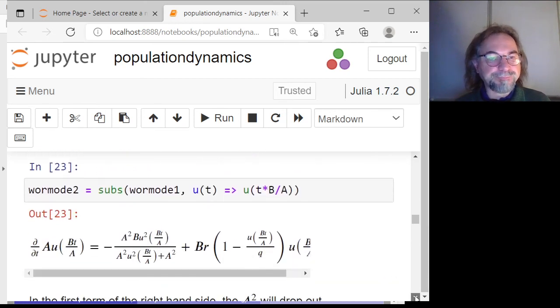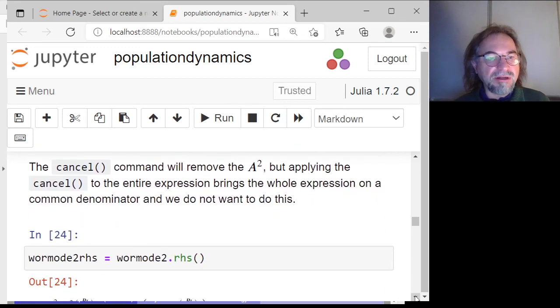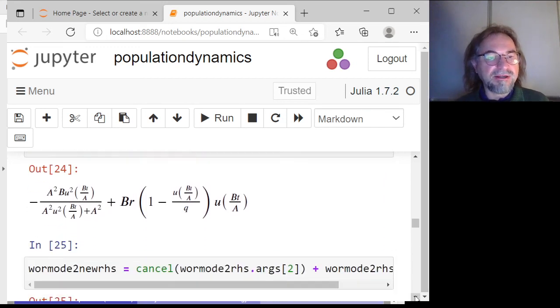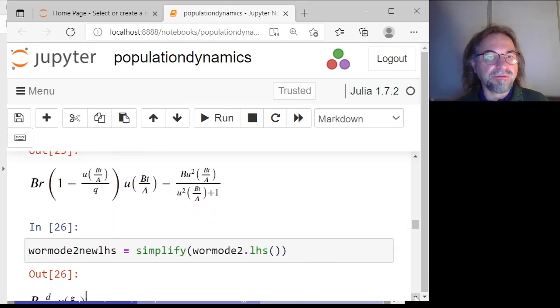I did the substitutions here, but then in the cancelling, I took the right hand side and then I took the arguments. The new right hand side was applying the cancel operation not to the entire expression, but only to one of the arguments, the first argument. Here you see how the expression got simplified.